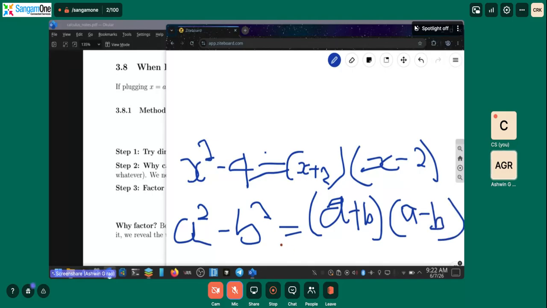This is nothing but a general formula. This is to remember.